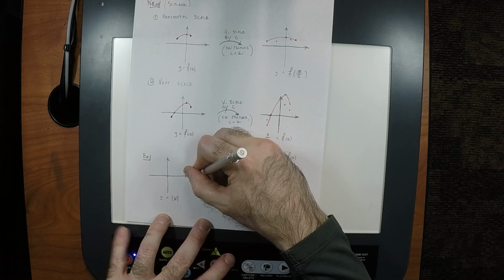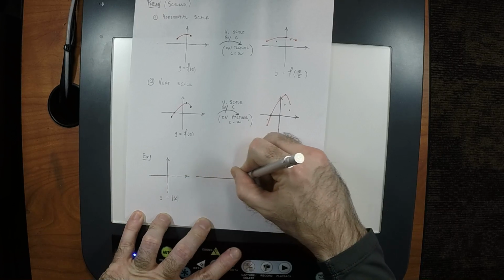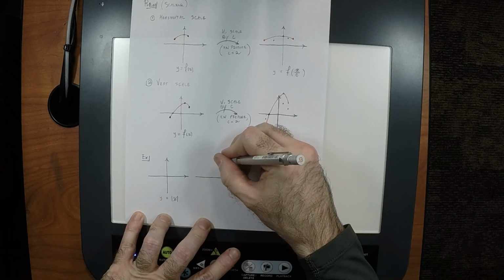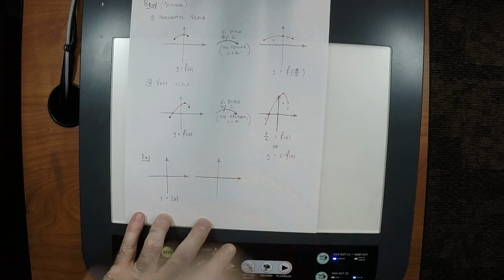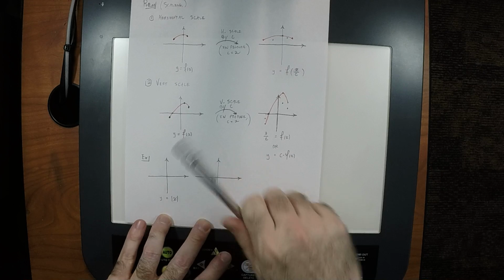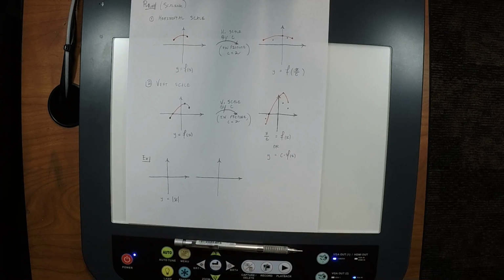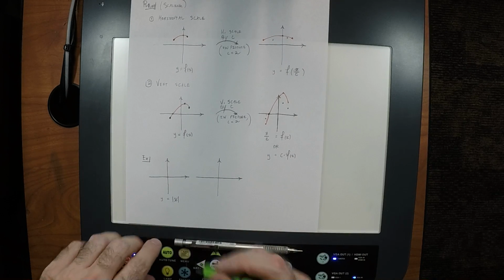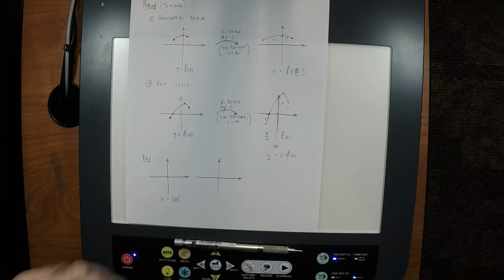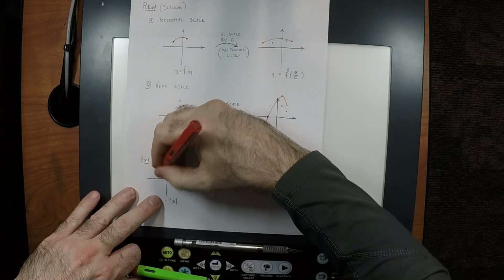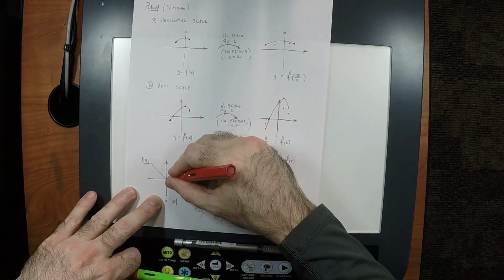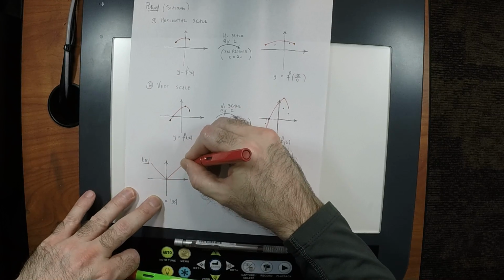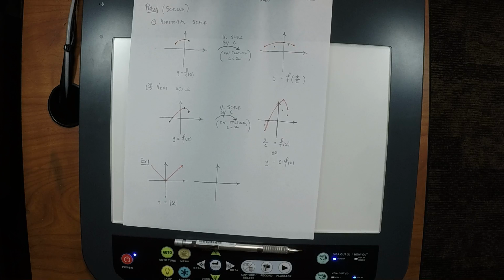And then once you've done that, by the way, what does it look like? It's a V, right? So I'll draw that. So it's a V. That's what it looks like.